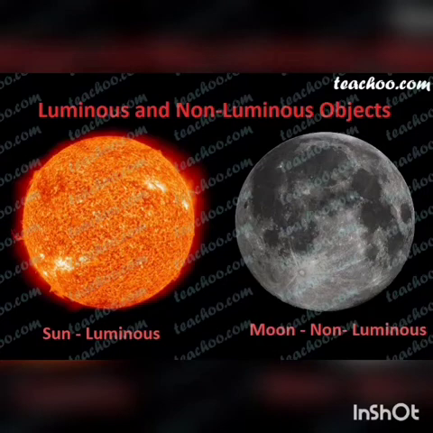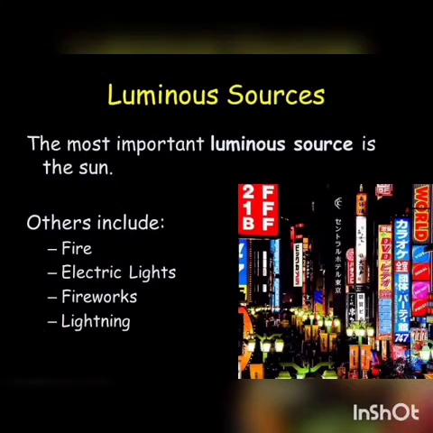For example, all sources of light like the sun, stars, candles, electric bulb, firefly are luminous objects. While an object that does not emit light of its own is called a non-luminous object.